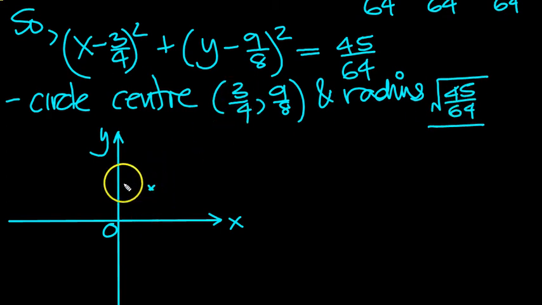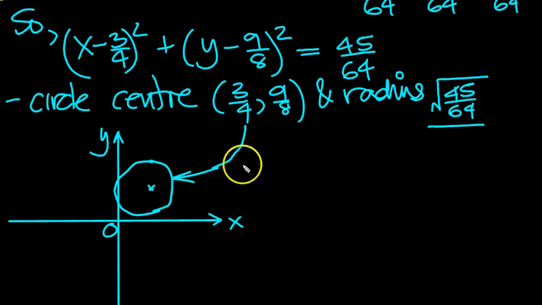So it's just going to come around here somewhere. So I'm going to try and draw this circle. It's going to come around here, but it's not going to go around the other part there. Rather badly drawn. So this is the circle center, radius the square root of 45 over 64.